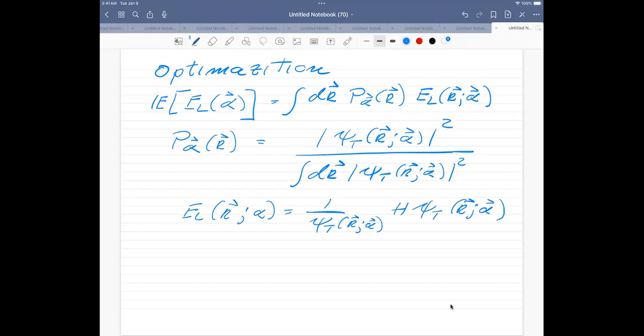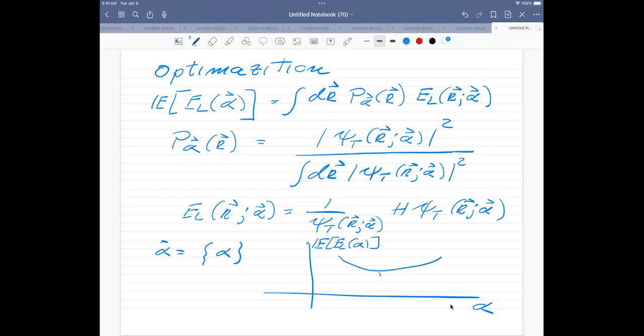So if we have just one parameter, alpha, what you would typically end up with is something like this. We have an expectation value E, and this function could look something like this. And here we would have the optimal parameter, which I'm going to put a hat on top of, so this is alpha opt.